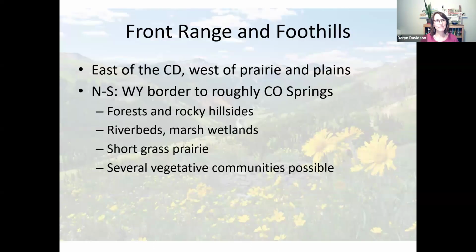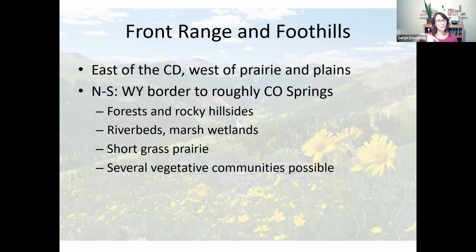Now, if we talk about Front Range and foothills, and I recognize that some of you are probably watching from elsewhere, but Resource Central is based here on the Front Range. That is a very well-defined area. So it's east of the Continental Divide and west of the prairies, right? West of the prairie and plains.